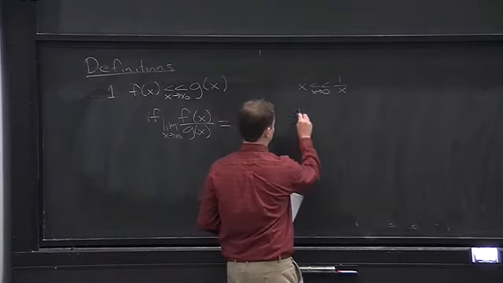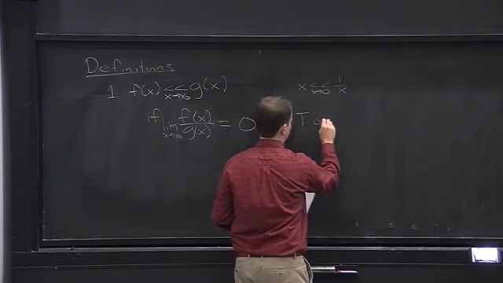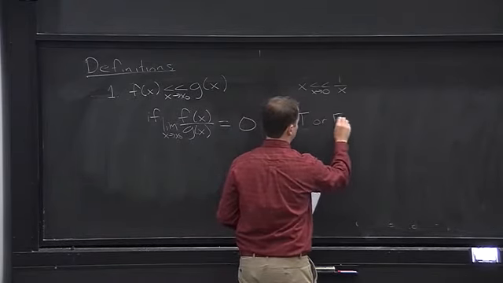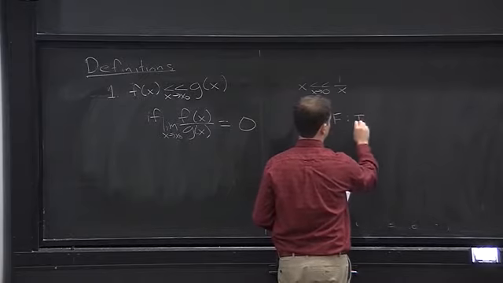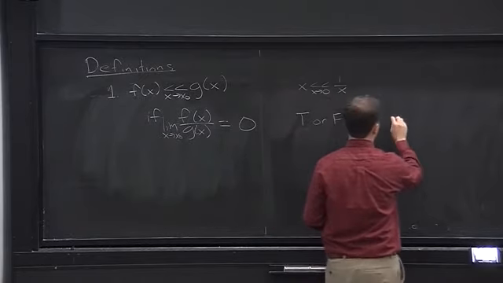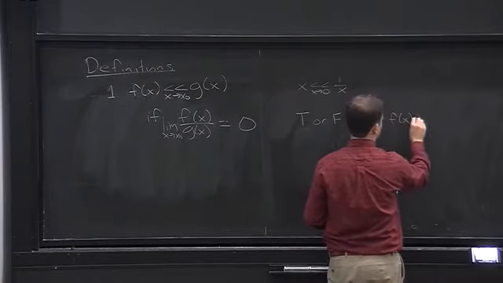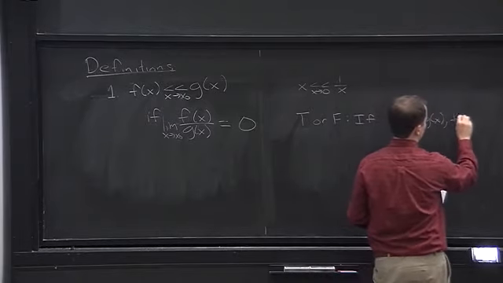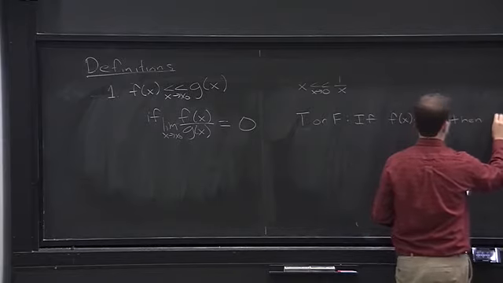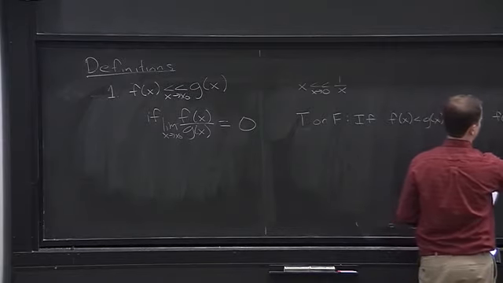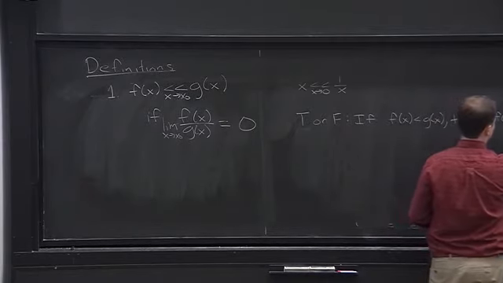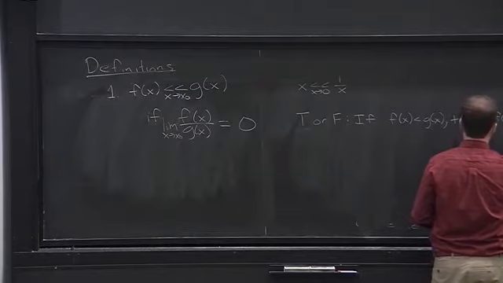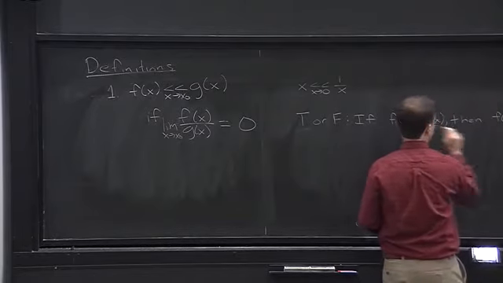So here's a question for you. True or false? If f of x is less than g of x, then f of x is much less than g of x. Sorry, I want to do it the other way.